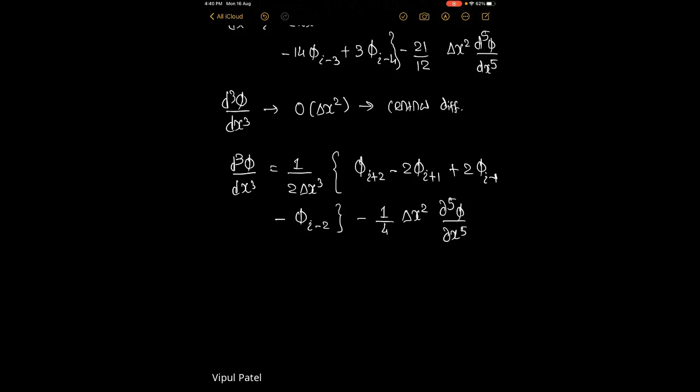That we answered in this session. Secondly, we derived an expression for the second order derivative, d square phi by dx square, which was second order accurate. Then we asked ourselves, can we have other schemes based on forward and backward difference approximation with other orders of accuracy? That is also answered in this session.